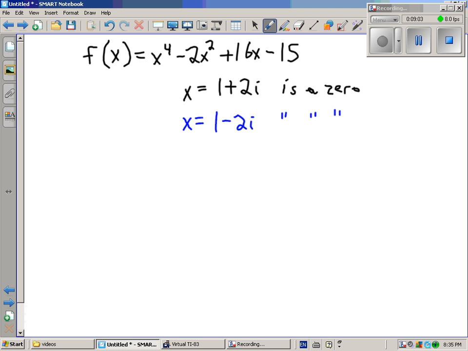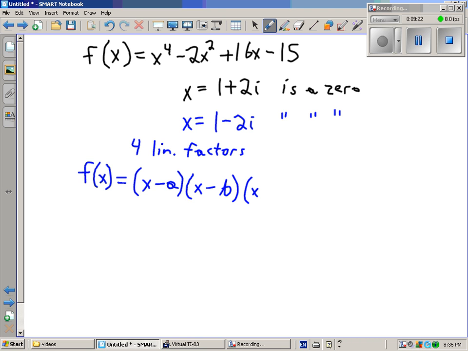Secondly, since this is a fourth order, we expect 4 linear factors. So let's see what we got. Set it up the same way. f(x) equals x minus the first 0, x minus the second 0, x minus the third 0, x minus the fourth 0.